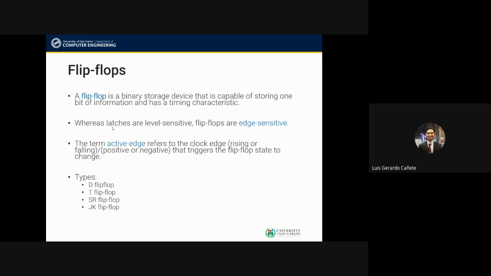So flip-flops are a binary storage device that is capable of storing 1 bit of information and has a timing characteristic. Try to remember this part, timing characteristic. It's not like the latch wherein the level of the enable is what we wait for.